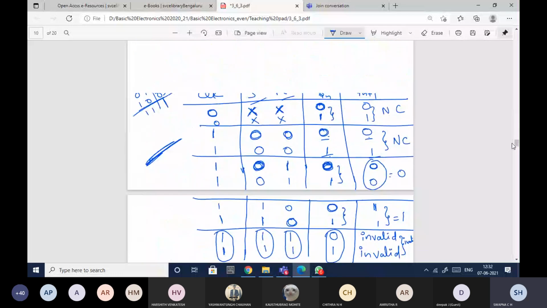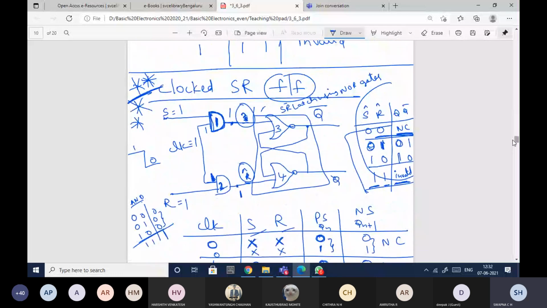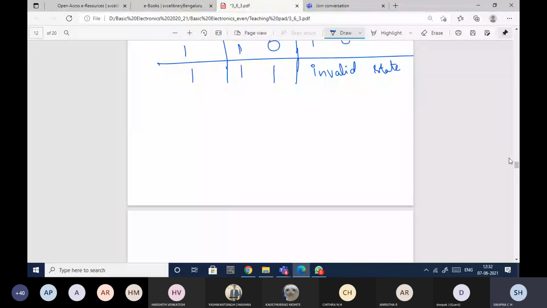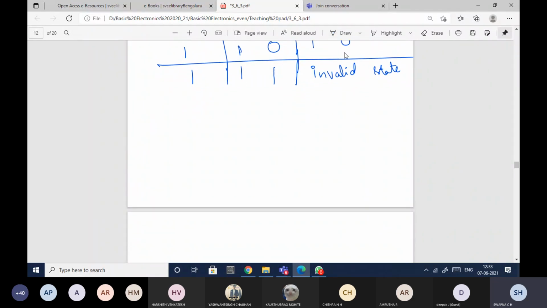I don't know how many of you are planning for higher studies. These sequential circuits are very important for your GATE exam as well. I think all of you know what the GATE exam is, right? Yes, it is a competitive exam, for MTech into IITs and NITs.